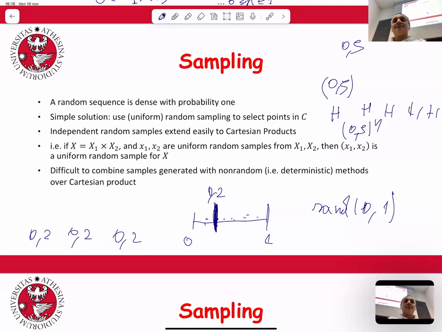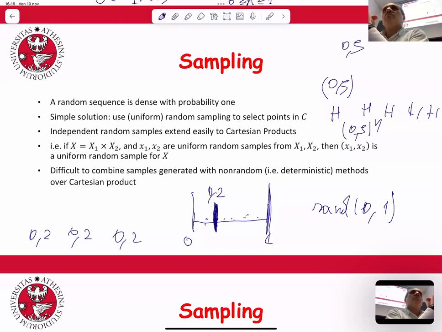Okay. So the nice thing is that if I extract with uniform probability a real number in a segment, whatever point I take in this segment as a reference, sooner or later I will take a point which is arbitrarily close to this.